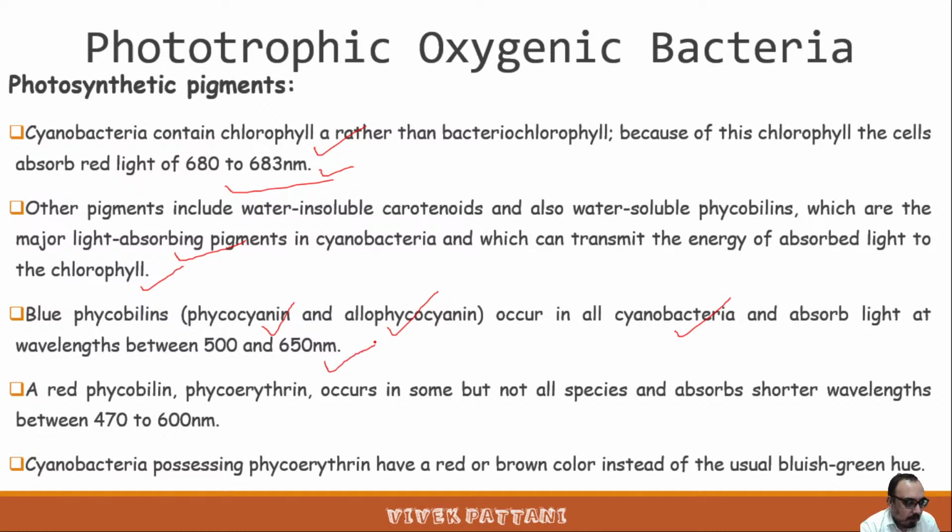The red phycoerythrin also occurs in some cyanobacteria, but not in all species, and absorbs shorter wavelengths between 470 nanometers to 600 nanometers. Cyanobacteria possessing phycoerythrin have a red or brown color instead of the usual bluish green hue.